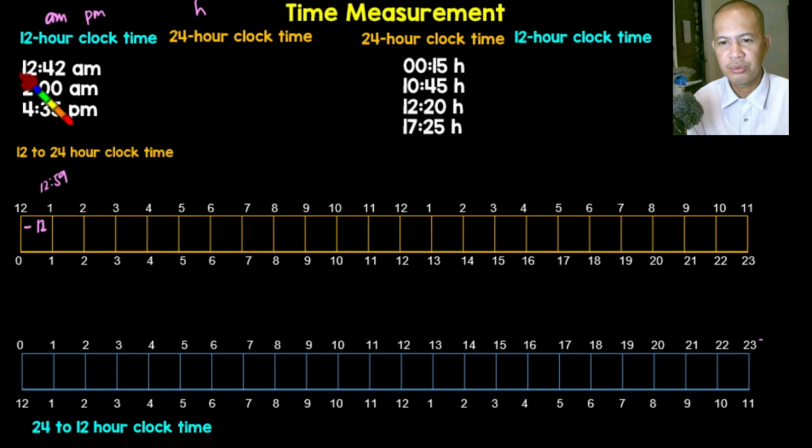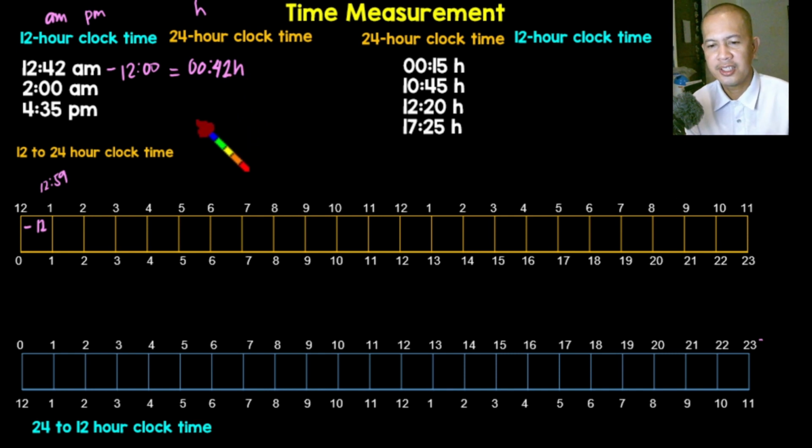For example, 12:42 a.m., we subtract 12. 12:42 a.m. minus 12, you get 0:42 hours, which we can read as 42 hours. So that is from 12 to 12:59 a.m.